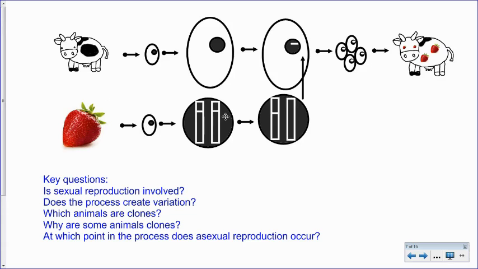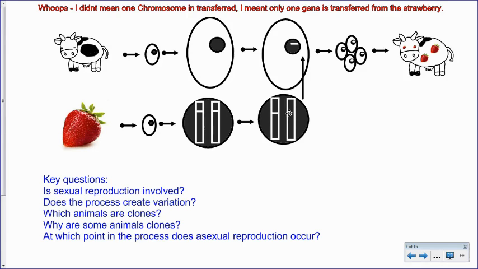We zoom in on the nucleus of that cell, and you can see a pair of chromosomes here, and 1 chromosome is selected, and that chromosome would code for a certain characteristic which is desirable, that we want as humans. Let's say, for example, it's the code for strawberry flavour, so we just take out that chromosome and we move that across into the nucleus of this cell here.